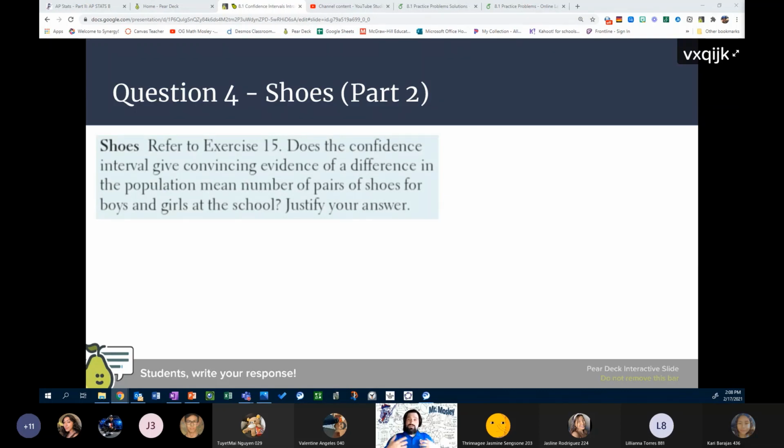The answer is yes, and it's because that interval says that we're really confident that there is a difference. That's all that we need. That number needs to be positive. We're pretty certain that that number is positive, showing there is a difference. So because 0 is not a plausible answer, it's not part of our interval, we have very good convincing evidence.